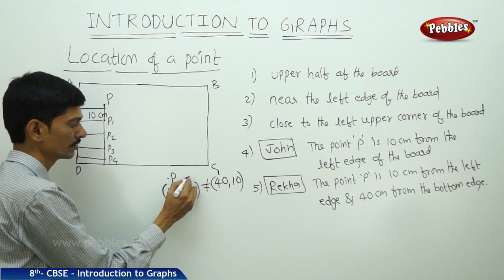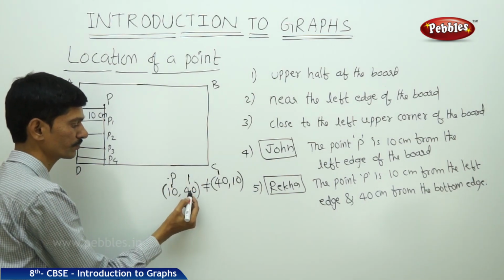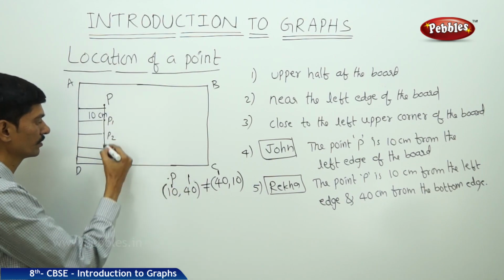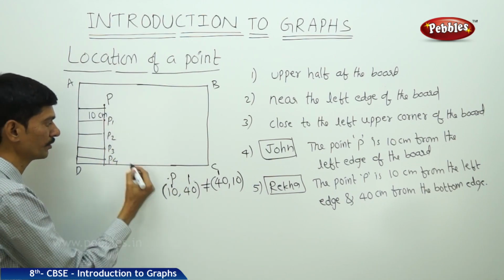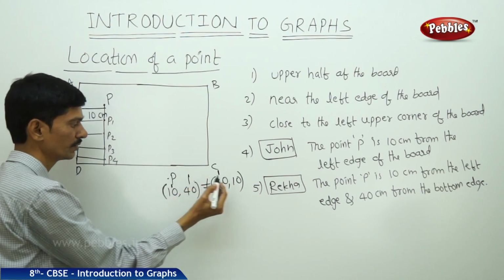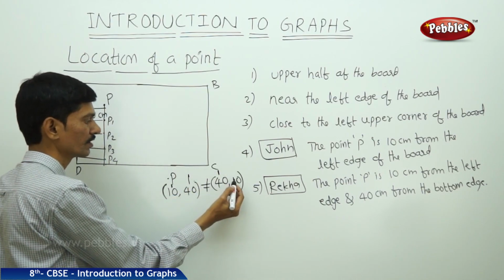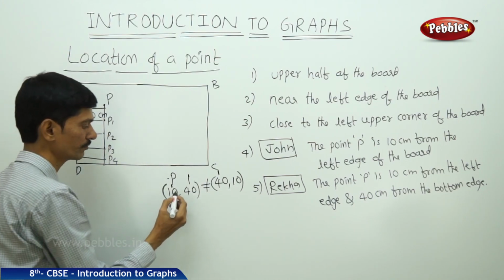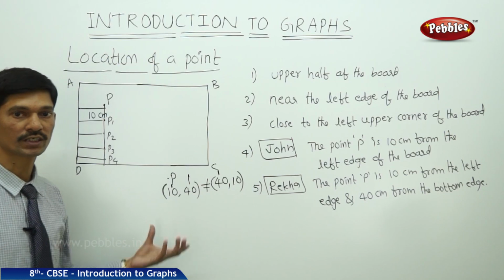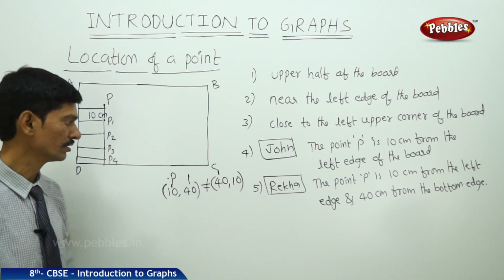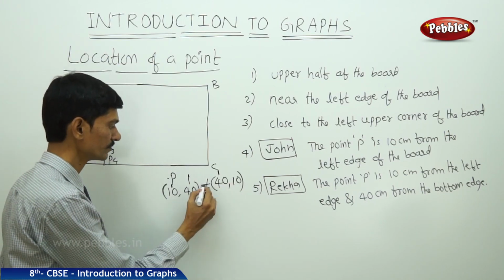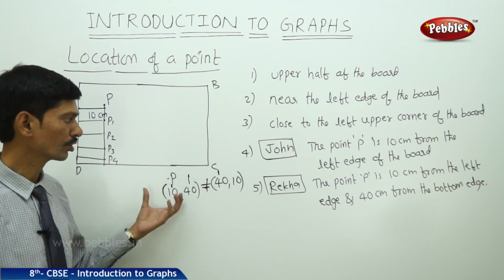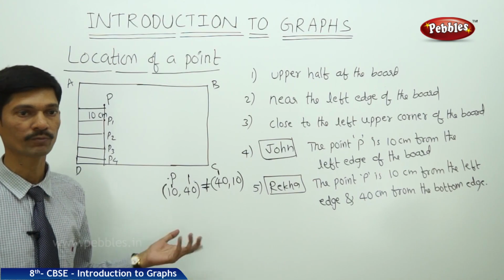In the first point, the second number 40 means the distance from the bottom edge, so it is 40 centimeters away from the bottom edge, whereas the second point is only 10 centimeters away from the bottom edge. So we can conclude that the 2 points 10 comma 40 and 40 comma 10 are different, not equal.